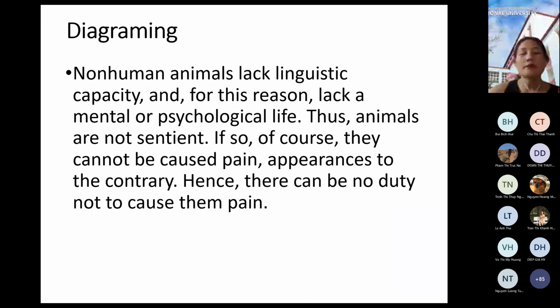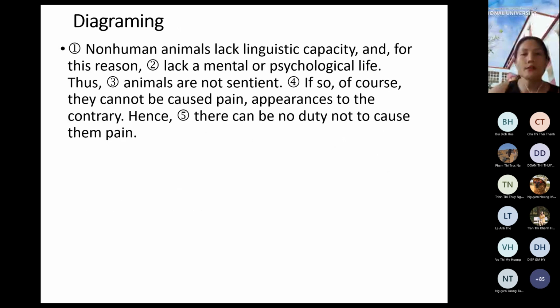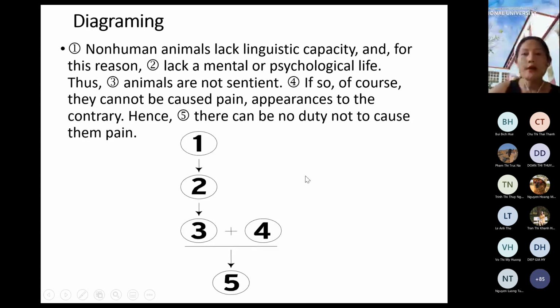So let's first of all look at the slides here. You can see that we have 5 statements, and that is the same with the numbers of statements from our friends' answer here, isn't it? And then, all right, how about the diagram? So we see that 1 is premise of 2, 2 is premise of 3.